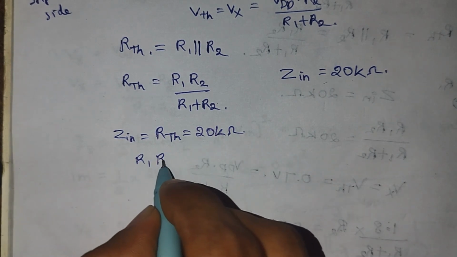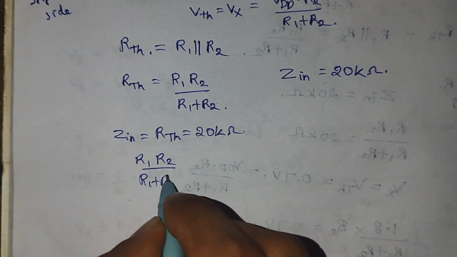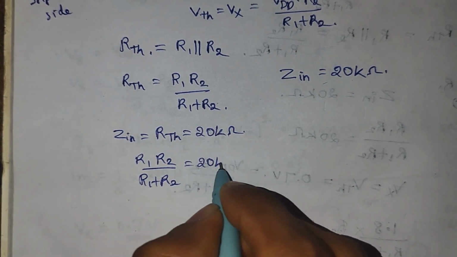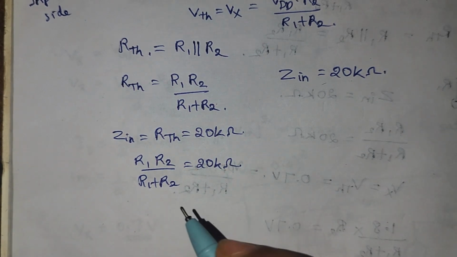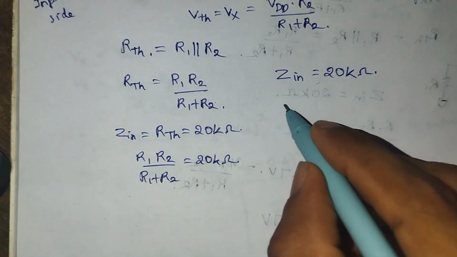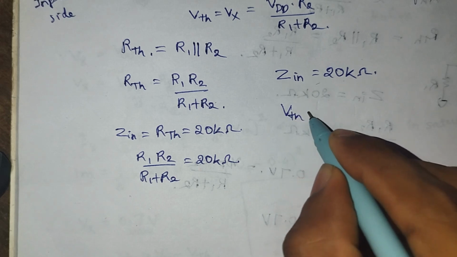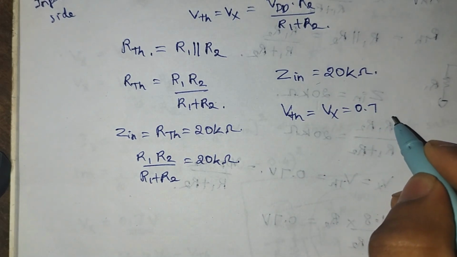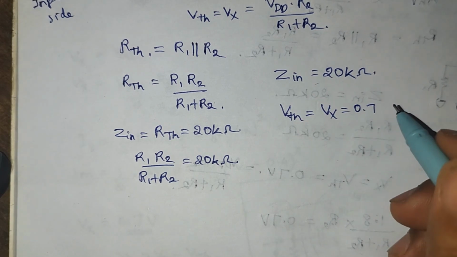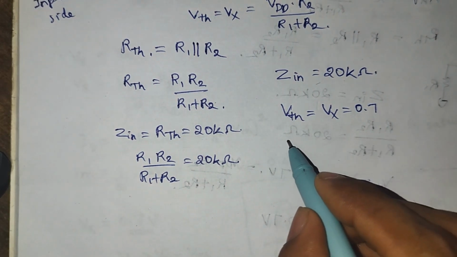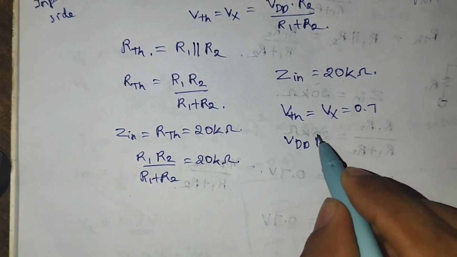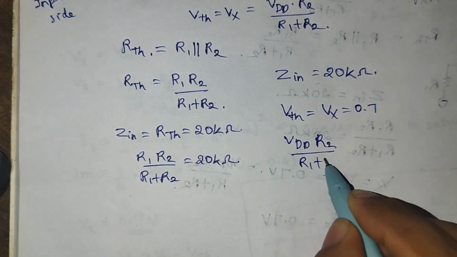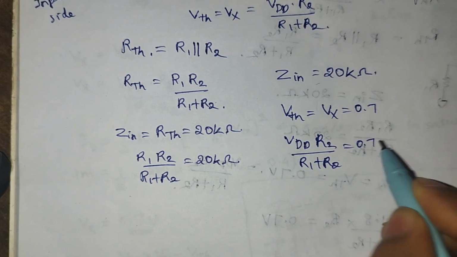So R1 into R2 divided by R1 plus R2 is equal to 20 kilo ohm. Also from the Thevenin's voltage, we have Vth is equal to Vx is equal to 0.7 volt, which was obtained in the previous step. Then we can write VDD into R2 divided by R1 plus R2 equal to 0.7 volt.